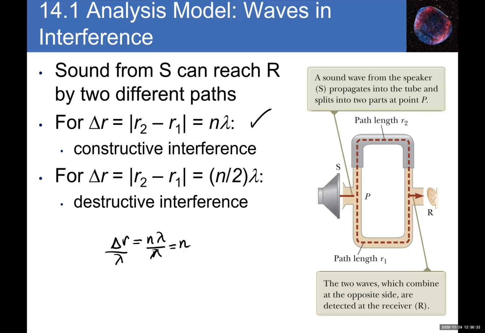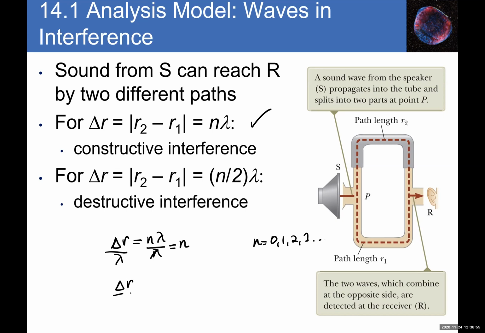And if I get n, and n here is let's say 0, 1, 2, 3, right? Then I'm going to get constructive interference, as long as n is 0, 1, 2, 3, 4, 5.